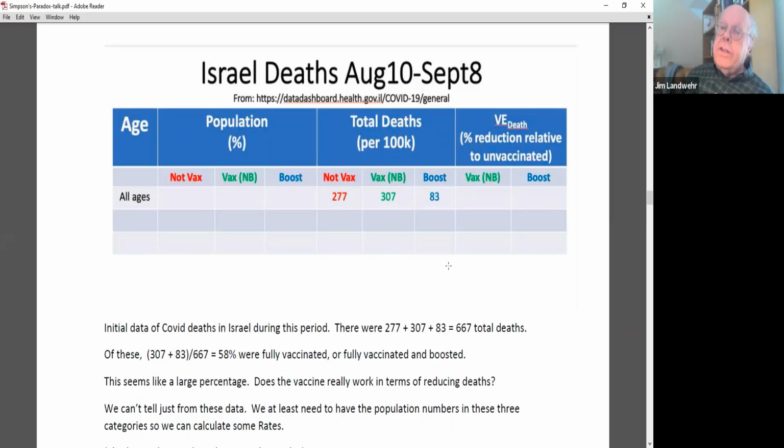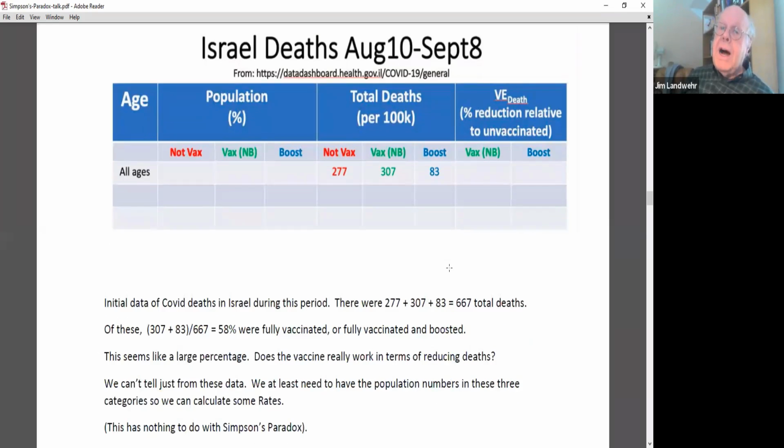This particular example uses data that Jeffrey Morris downloaded and put in his blog.